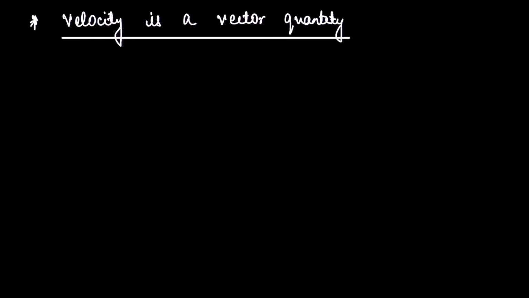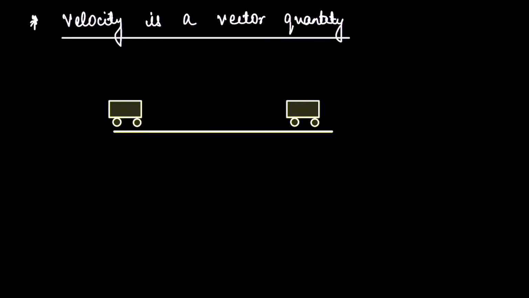So it is also a vector quantity. So how we can understand this? If we have a car A and this is the position here B. So what happened if this is moving with a velocity of 10 meter per second and this is moving with a velocity of 5 meter per second, but both have different direction. So with respect to A, we consider plus 10 meter per second, and with respect to B, we consider minus 5 meter per second.